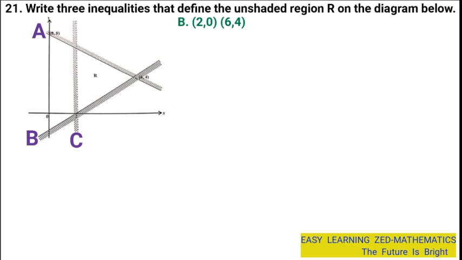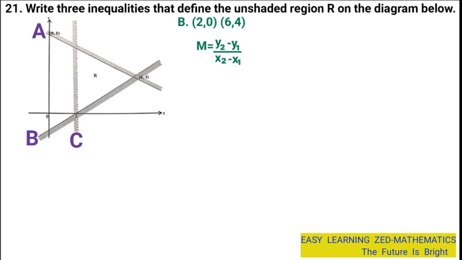So let's find the gradient. To find the gradient, the formula is y2 minus y1 over x2 minus x1. Then we are going to find the values of y2, y1, x2 and x1.